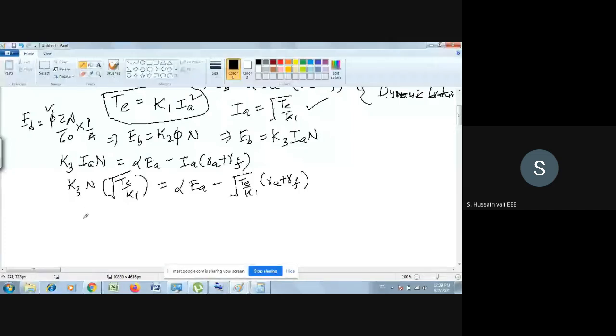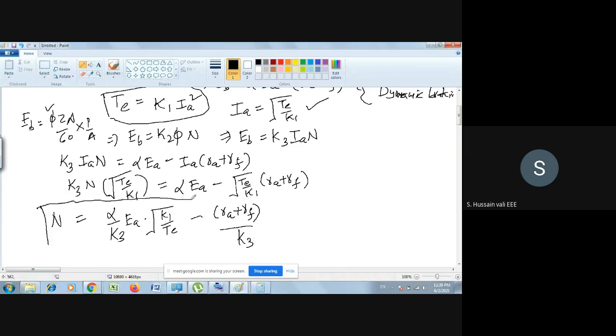N is equal to alpha by K3 into EA into square root of K1 by Te, minus, so both get cancelled here, then it becomes RA plus RF by K3. This is the relationship which shows between speed and torque.